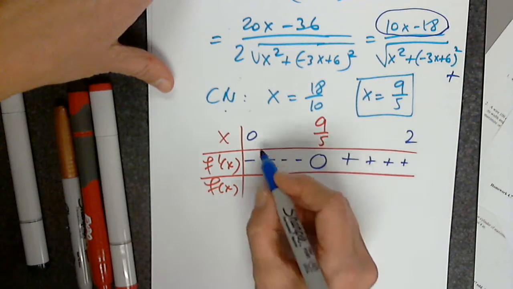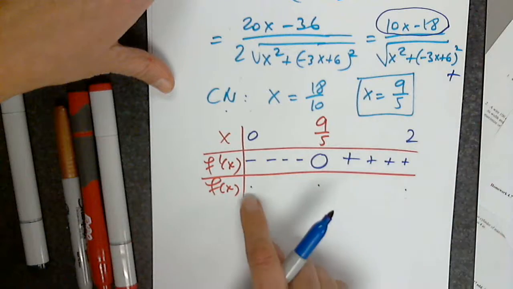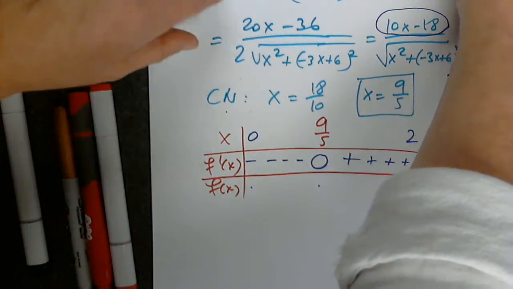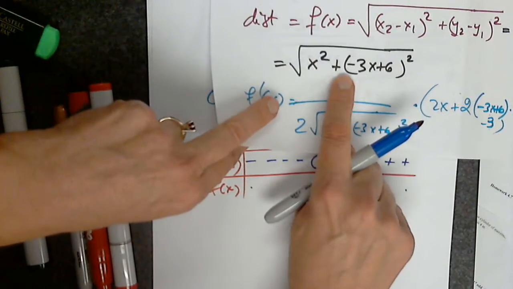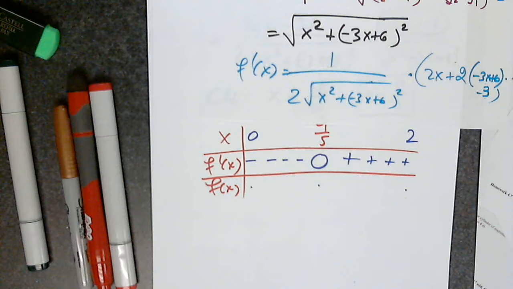So then I'm going to plug in 0 in the function, 9/5 in the function, and 2, because I need these 3 values. So where is my function? This is my function. So let's plug it in.